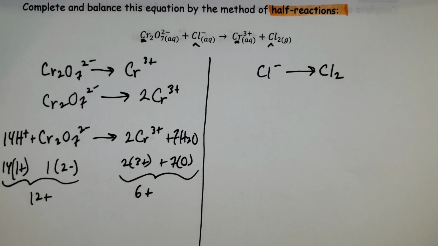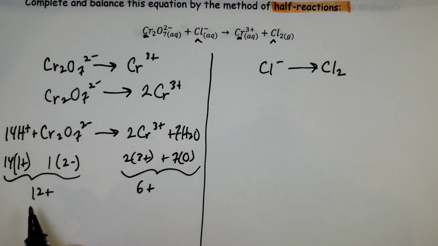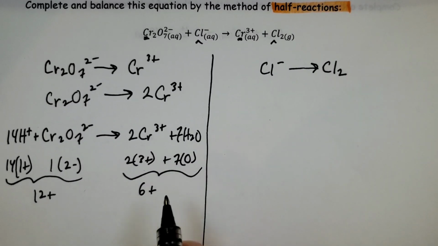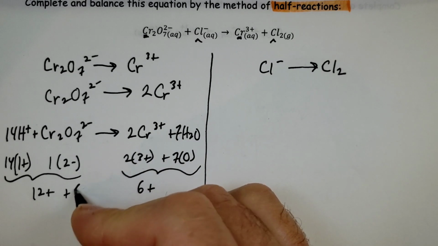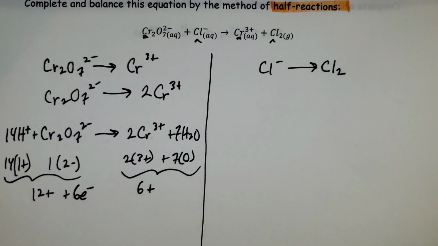So remember, I'm allowed to add electrons. I add electrons to the more positive side. So I'm going to be trying to bring this positive 12 down to positive 6. And I can do that by adding 6 negatives in the form of 6 electrons.